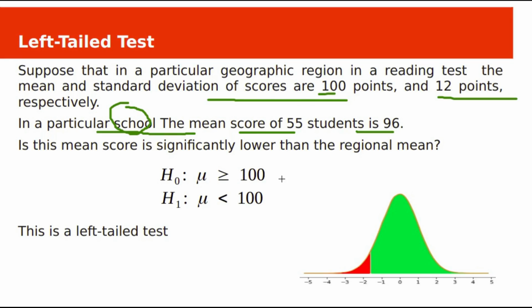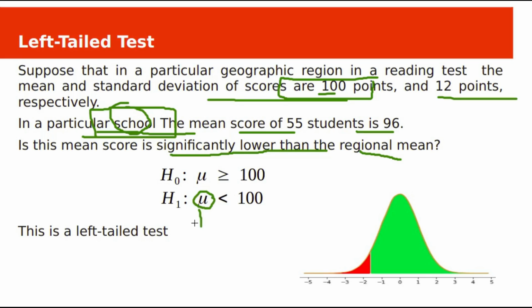Here, the null hypothesis will assume that the school students' mean and the regional population mean are the same. Observe the statement. We need to test whether this school's students score lower than the regional mean. That means the estimated population mean for the school is lower than 100. This is the statement claiming the difference.